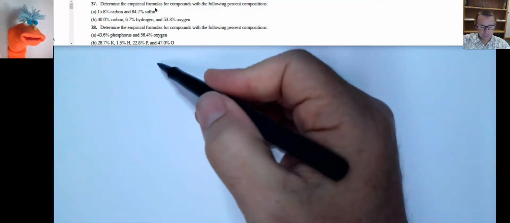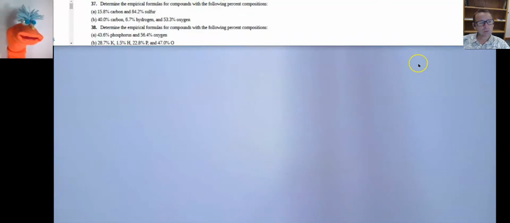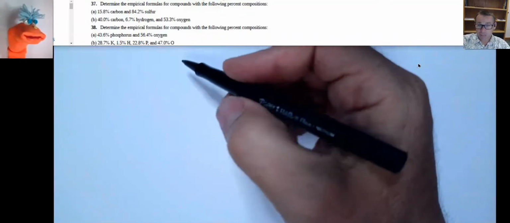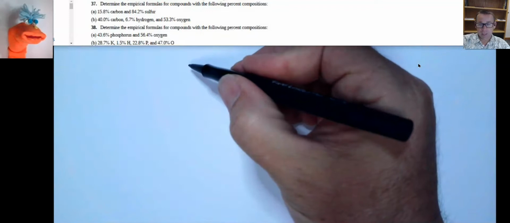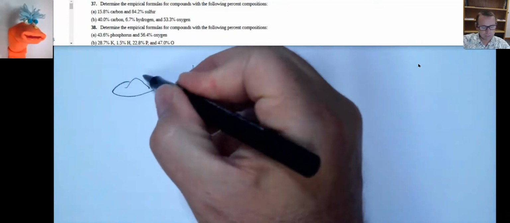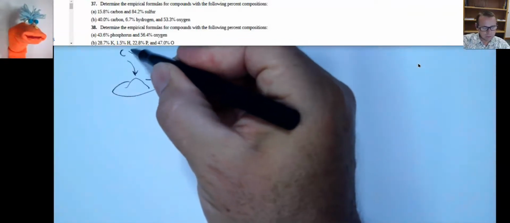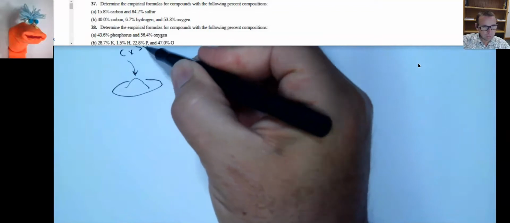When we say 15.8% carbon, 84.2% sulfur, what we're saying is that by mass, if I had a 100-gram sample, I like to draw a little picture of a sample of our compound that we're interested in. This is some sort of a CXSY.